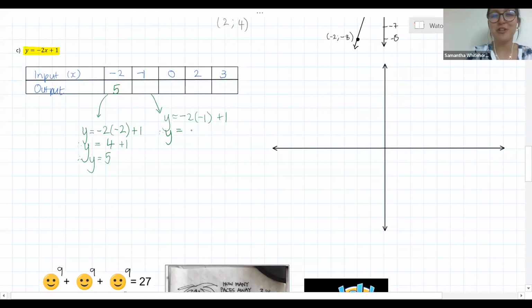Okay, so what should it be? It should be 3, because negative 2 times negative 1 is a positive 2, and then positive 2 plus 1 is 3. Do you agree? Yes, ma'am.